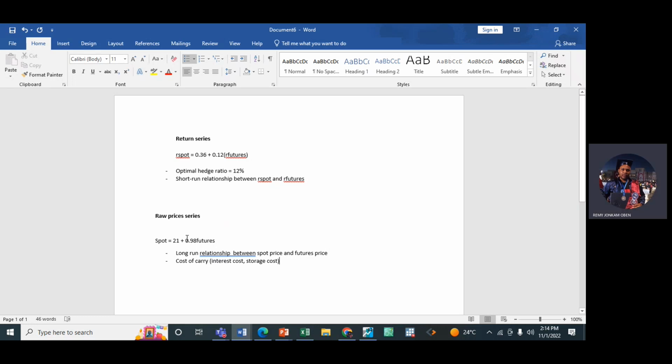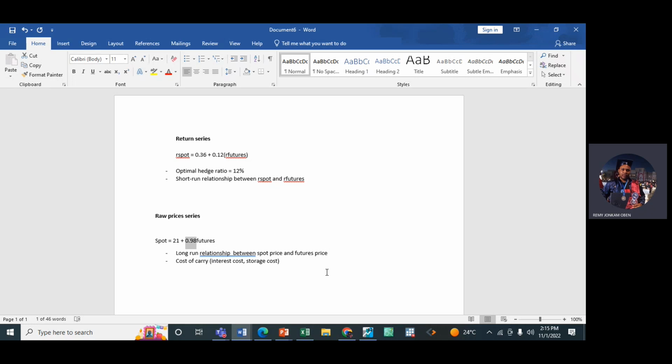Guys, one other thing I'll tell you is, what have you noticed? Look at this 0.98. It's close to 1, right? It's expected. We expect that in the derivative market. When you regress the spot price against the futures price, you expect to get a 1-to-1 relationship. What's a 1-to-1 relationship?